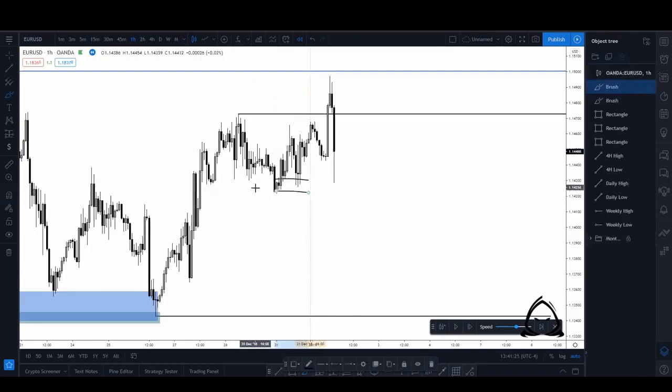It looks like we tapped into an order block here that broke structure, and we started to see price move to the upside, breaking structure once more. It looks like we've spiked this very small order block here, and we do have a really messy looking order block right here.